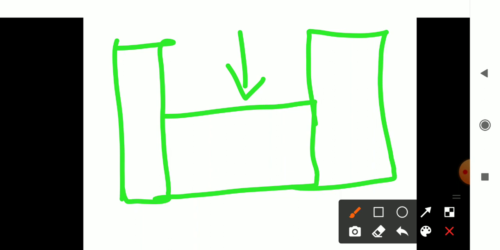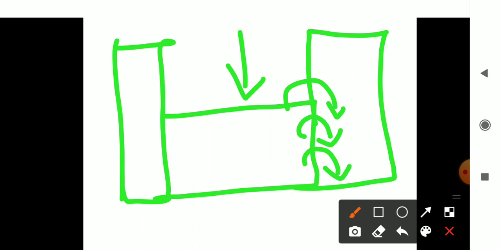So post transition means the elements present next to the transition elements; they are called post transition elements.